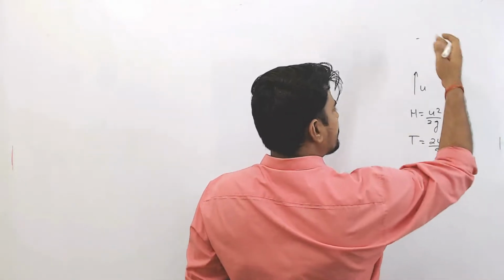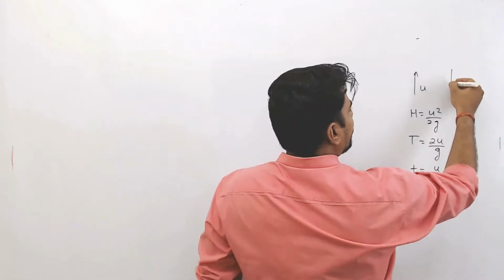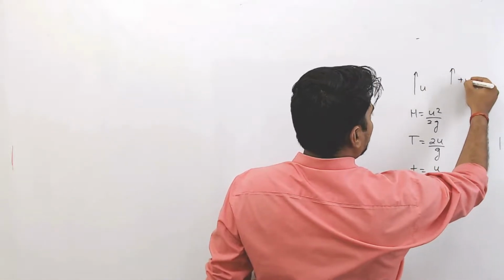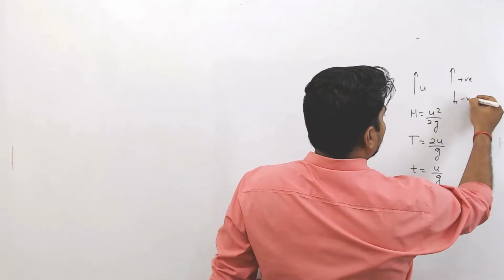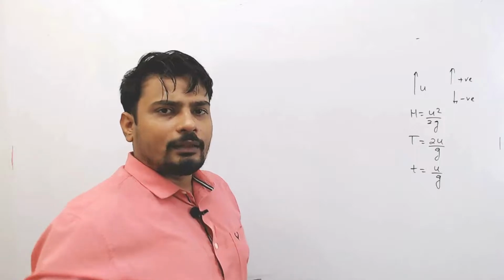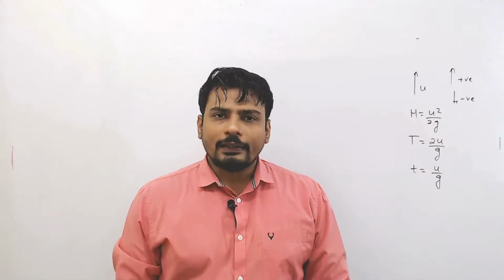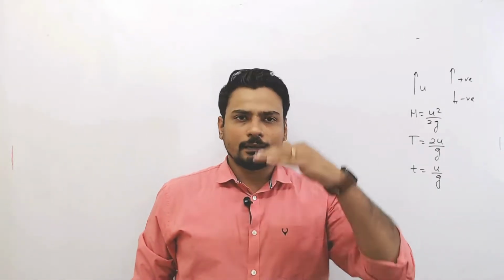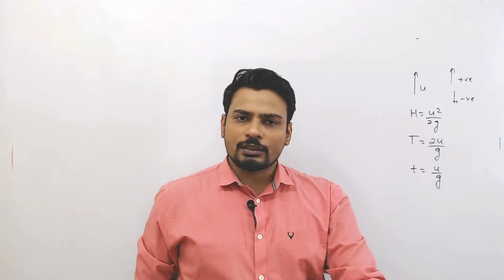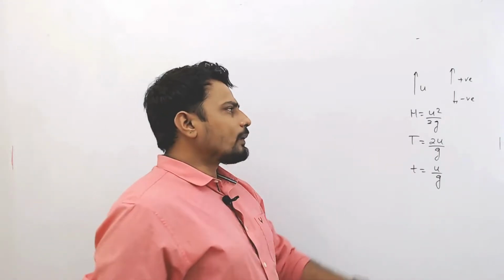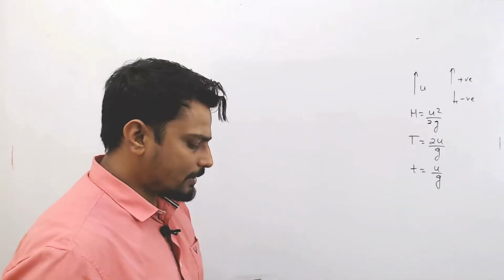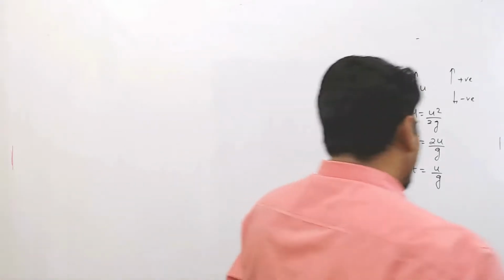Since it is motion in one dimension, you take upward as positive and downward as negative, or, depending on the need of the question, we can choose downward as positive and upward as negative. That is completely dependent upon the requirement of the question.